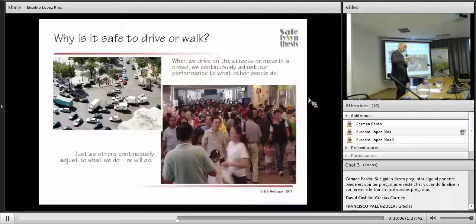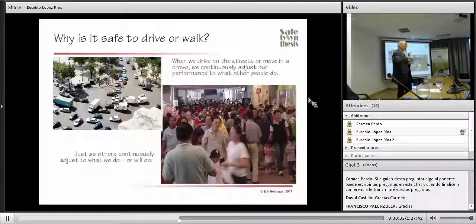At least you'd have to drive in the lane, but when you walk, that's why I like walking as an example. We walk, we change our speed, we change our direction, and everybody does that relative to each other. And that's why it works. Everybody adjusts what they do to what the others do. It's a mutual adjustment. That's the reason why we don't have collisions, why people don't bump into each other.